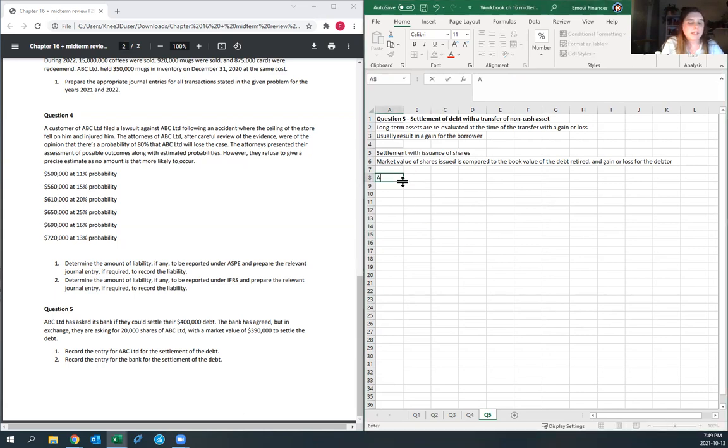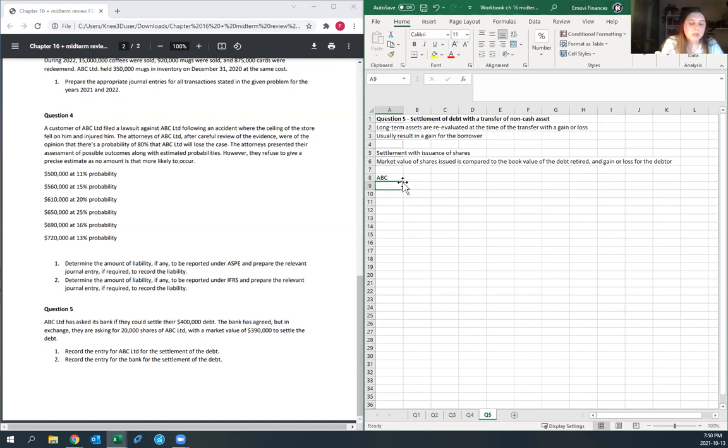So for ABC, oh, I didn't even read the question. ABC Limited has asked its bank if they could sell their $400,000 debt. The bank has agreed, but in exchange, they're asking for 20,000 shares of ABC Limited with a market value of $390,000 to settle the debt. So they're asking you for the ABC Limited transaction.